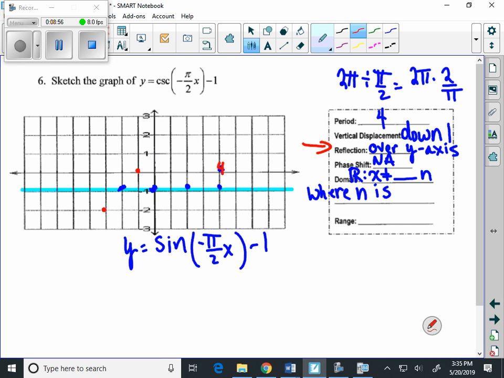So as I take a look at this again, I'm going to have an asymptote here. I'm going to have an asymptote here. I'm going to have an asymptote here. I'm going to have an asymptote here. And in fact, we can keep going in this graph.